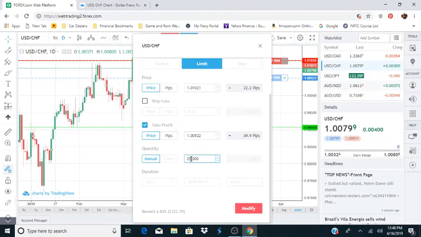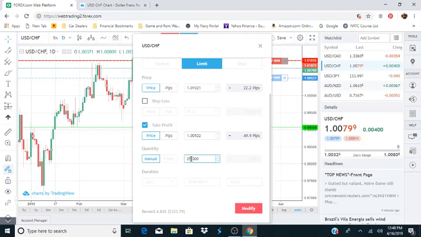But as you change your lot size, you're also changing the amount of money that you're risking, which would be in terms of your margin. So 25,000 lot would probably be for me somewhere around the $700, $800 margin range.